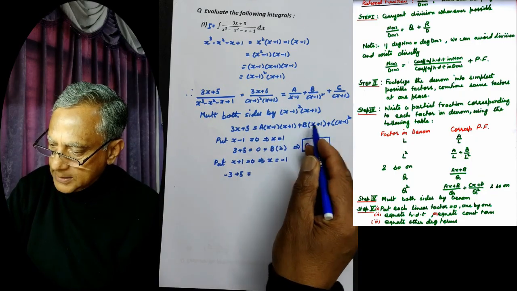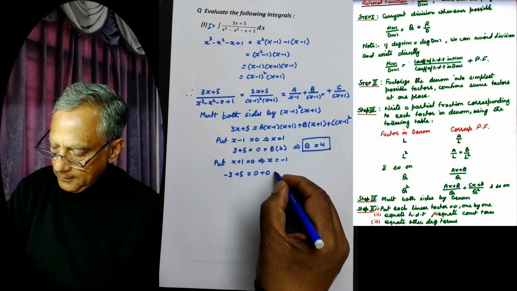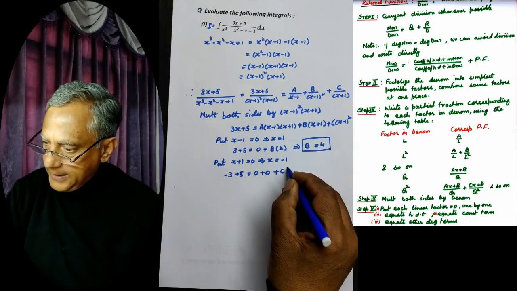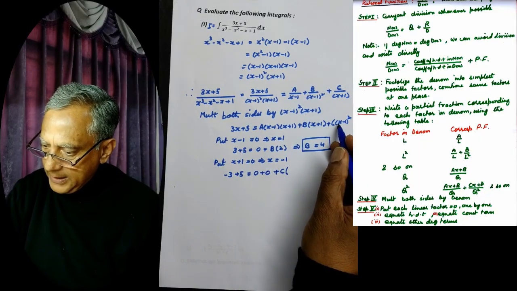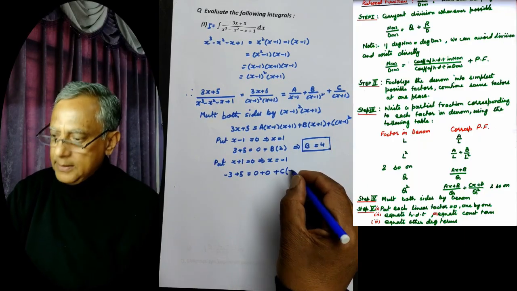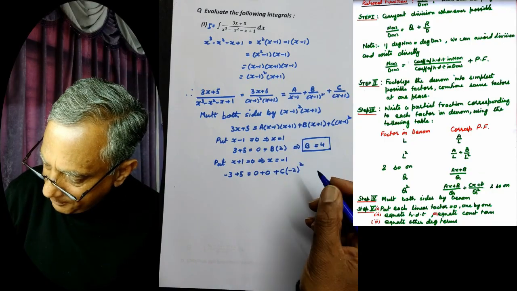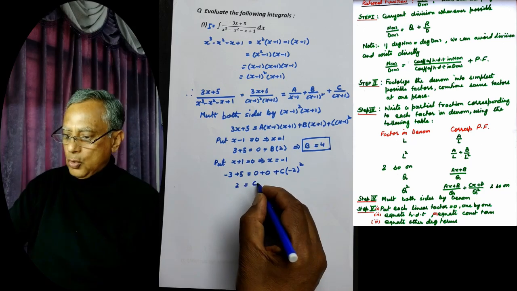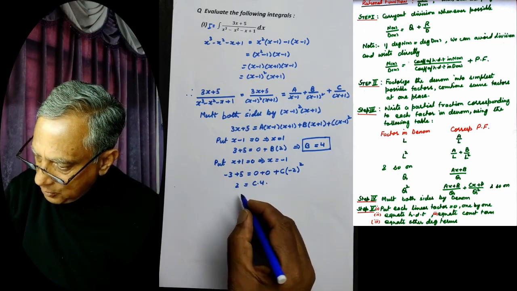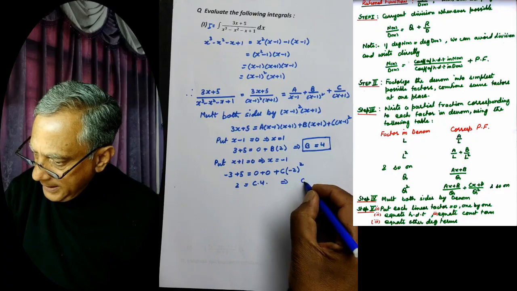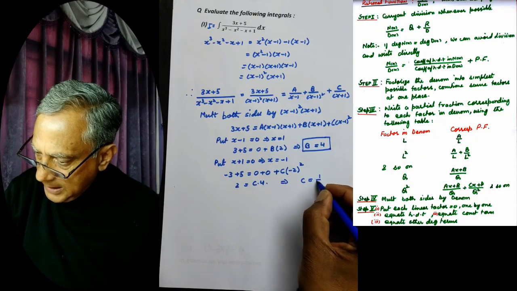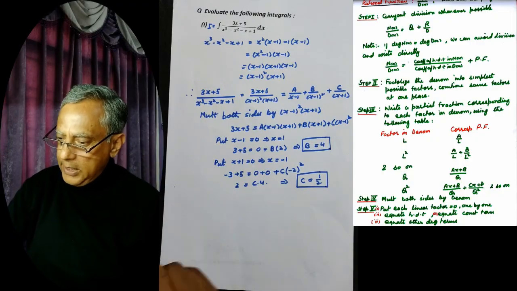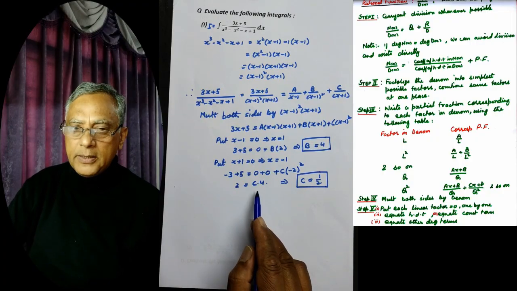So 0 plus 0 plus c into x equal to minus 1. So minus 1 minus 1 is minus 2 whole square. So this implies 2 is equal to c into 4. Therefore c is equal to 1 by 2. So c is 1 by 2. Now only a is left.